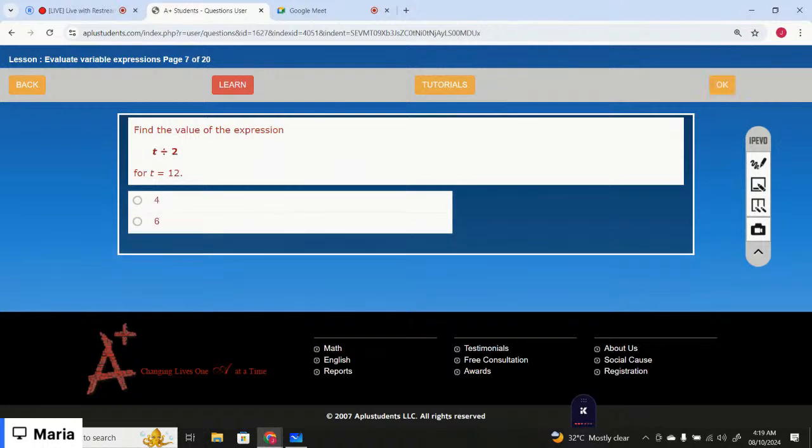Find the value of the expression that is t divided by 12 for t equals 12. Replace the variable with a value, that is 12 divided by 2.